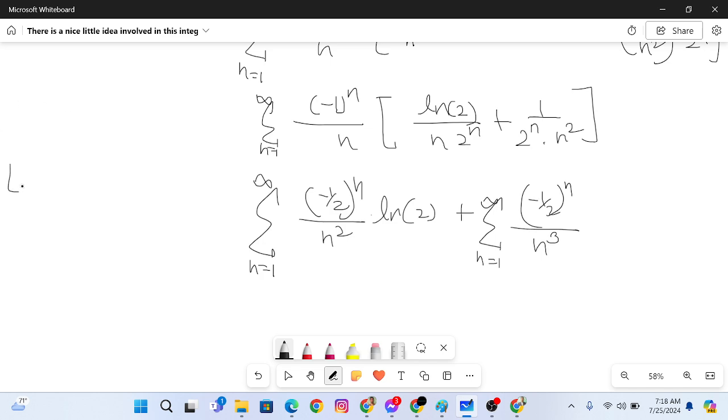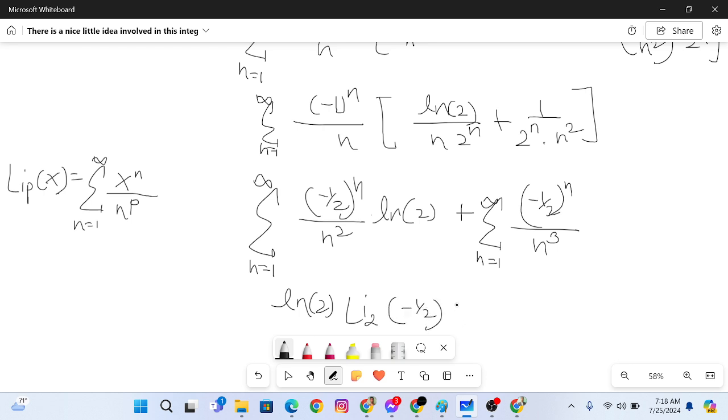Now we know that Li_p(x) is just defined as the sum from n equals 1 to infinity of x^n / n^p. So that's why this is just ln 2 times Li₂(-1/2) plus Li₃(-1/2).